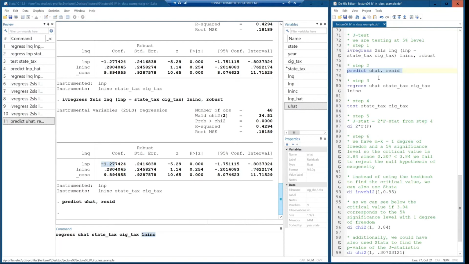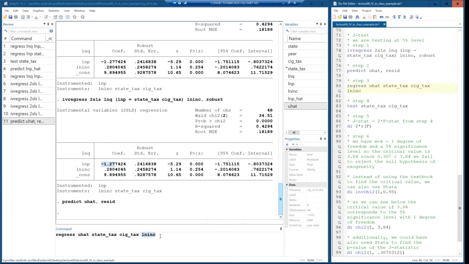Just see Wooldridge 2009. Later on, we are going to use the more specific method to run this test. But these steps will show you what this test is actually doing.